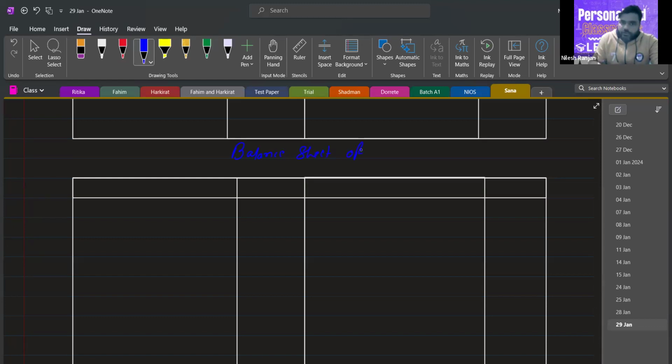Balance sheet of Prasad as on 31st March 2020. Liabilities, amount, assets, and amount.